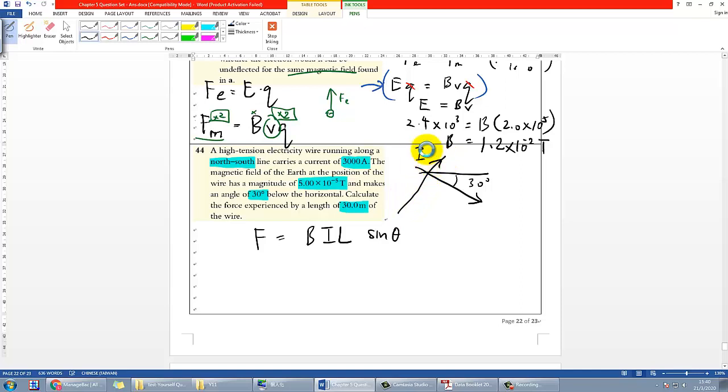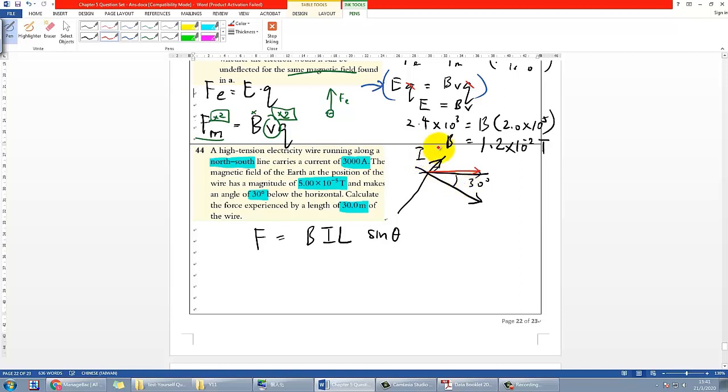You have to take the one that is literally 90 degrees.